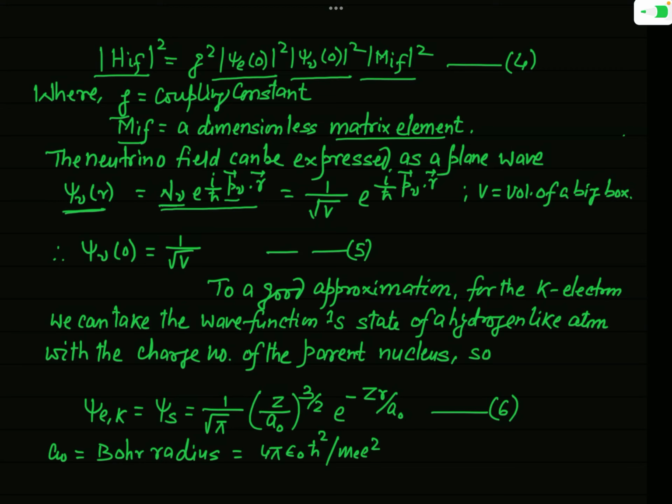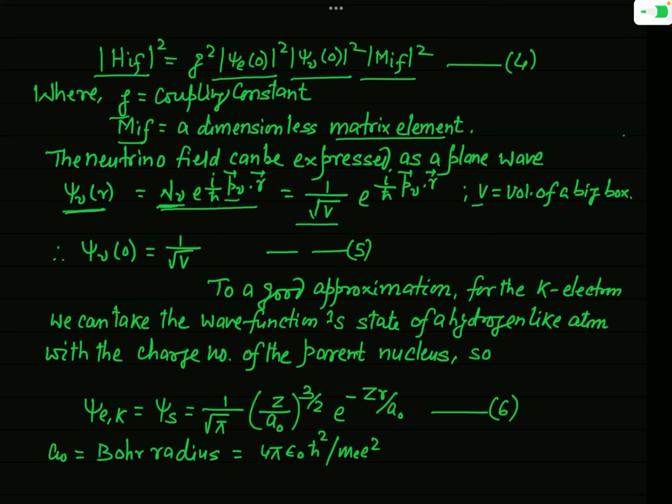When you studied the beta decay process, you assumed a large box of volume V, used the normalization condition, and obtained that the value of this normalization factor is 1 over root V.